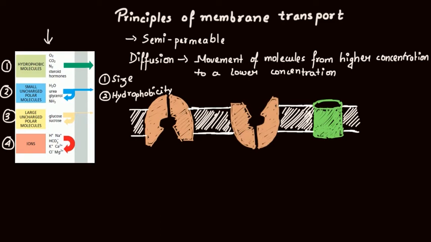Like I said, for the large uncharged polar molecules like glucose or sucrose, and for the ions, which cannot move at all on their own through the membrane. So the first type of protein that helps molecules move across the cell membrane are called channel proteins.